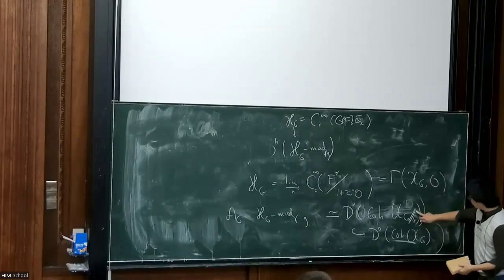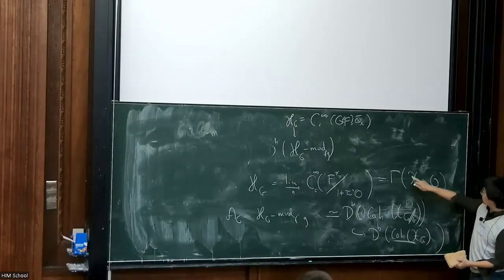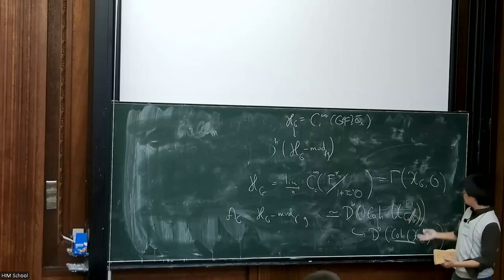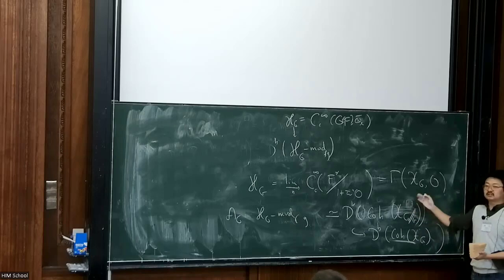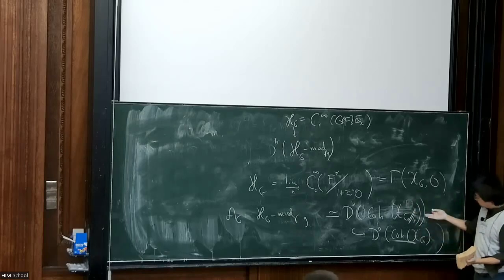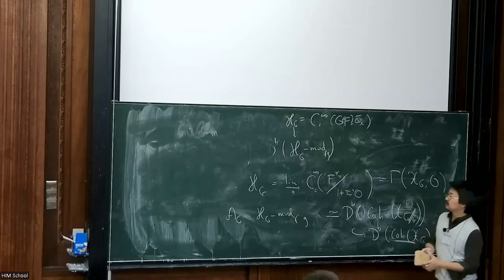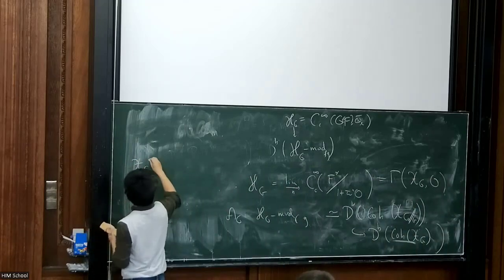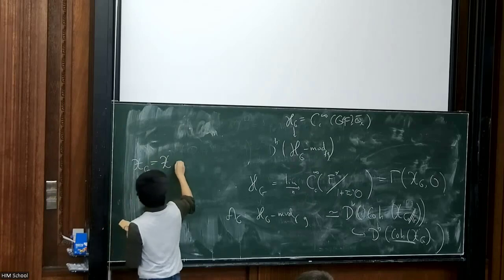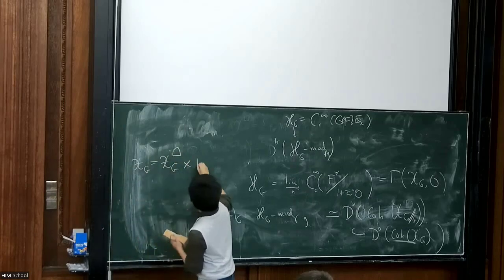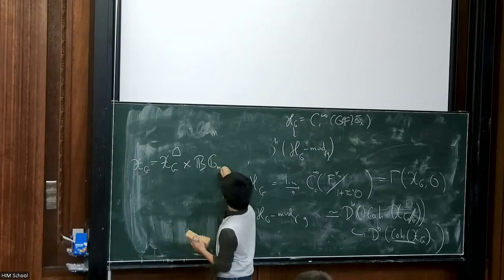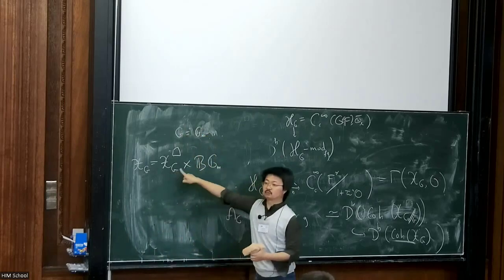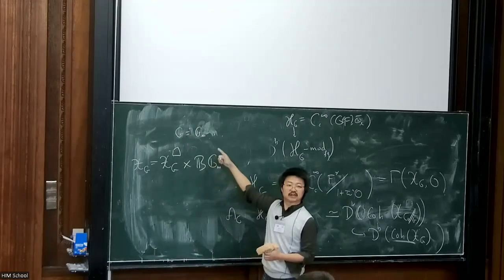Yeah, this GIT quotient is basically the ring of, yeah, you can either take this or the framed thing, it's the same. So X of G explicit, in this case you can write non-canonically, as G is GM, it's like this framed thing times some BGM.